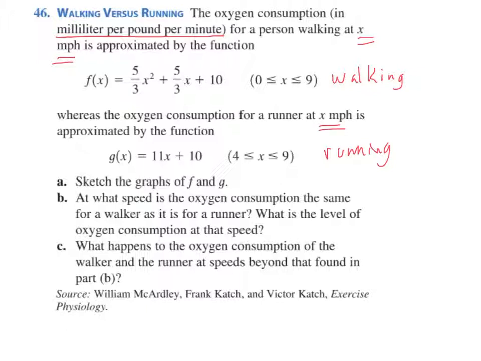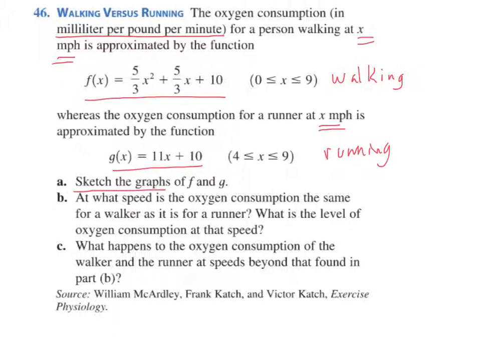If you input the speed, it'll calculate the oxygen consumption. You take the speed, you multiply by 11, and you add 10. Here you take the speed, you square it, you multiply by 5/3, then you add on the speed times 5/3, again, plus 10.